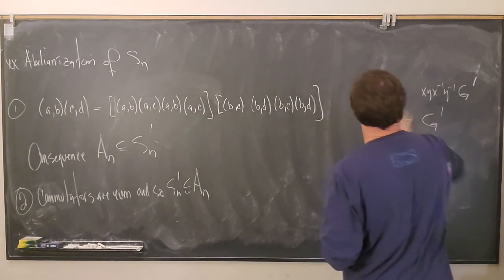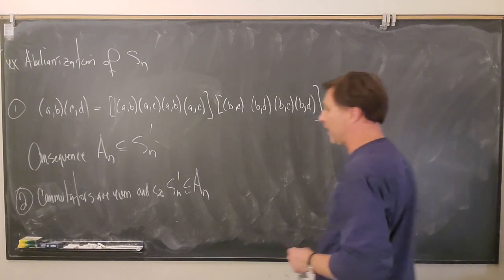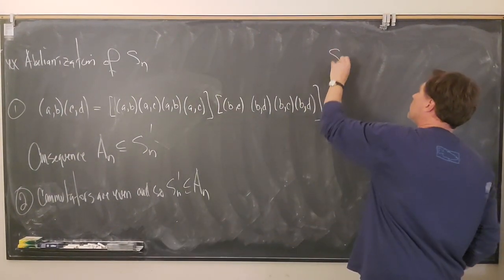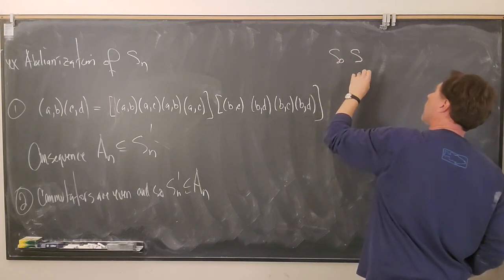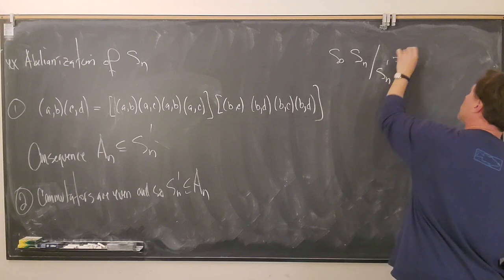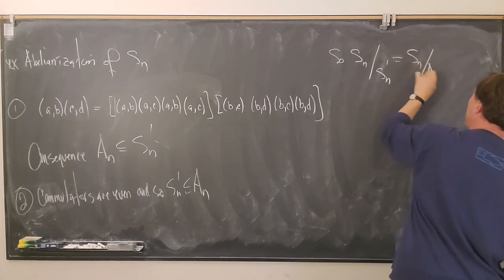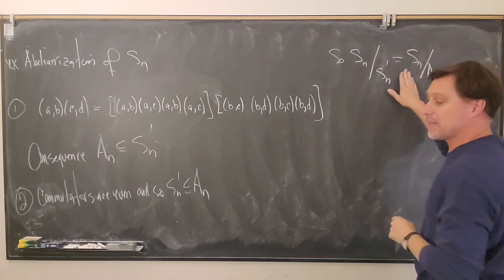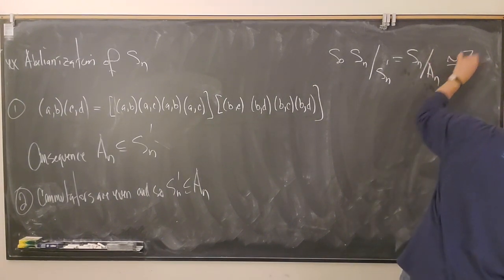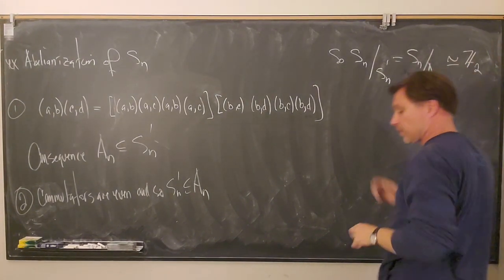The commutator subgroup of Sn is equal to An. So Sn mod Sn prime is equal to Sn mod An. Because An has index 2, this is a group of order 2, which means it's isomorphic to Z2.